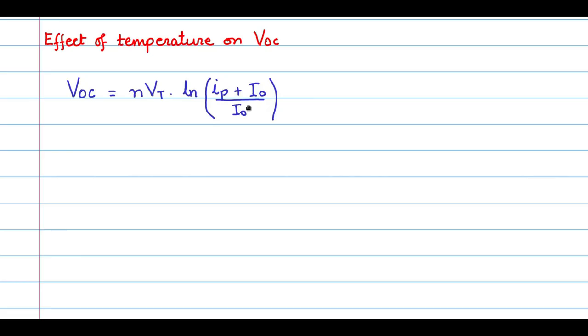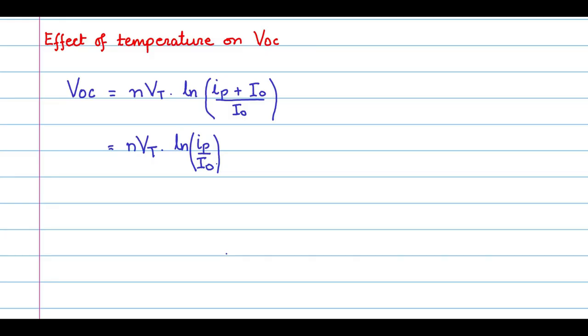If you take I0 very small compared to the photocurrent, then we can say VOC is equal to NVT logarithm of IP by I0, the reverse saturation current.